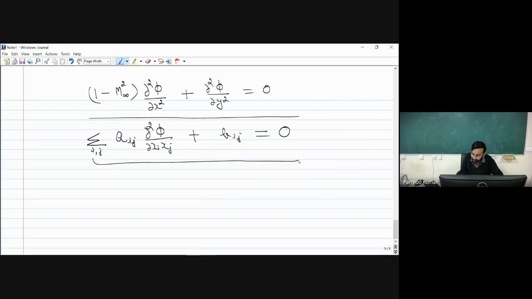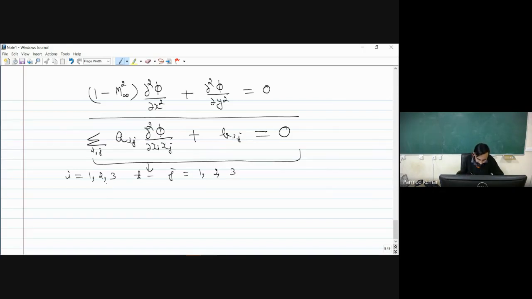If I expand this equation for three-dimensional behavior, i will be equal to 1, 2, 3, and similarly j will also be 1, 2, and 3. Okay, so now what will be happening?